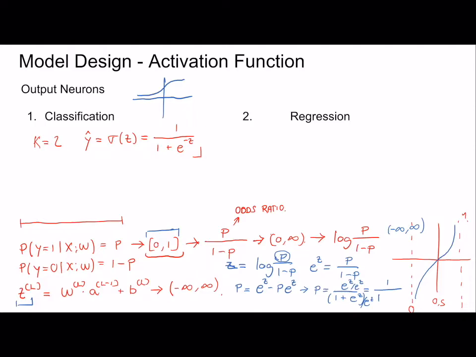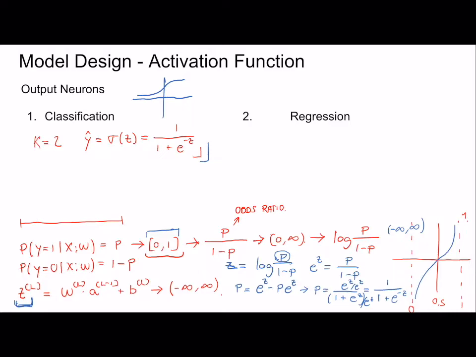So we have 1 plus e to the power of minus c, which is essentially the sigmoid. So what we did is we wanted to have our probabilities in a range from minus infinity to infinity, so that we could model them using c. And then to get back our probabilities, we needed to apply the sigmoid function. So that's the reason why the sigmoid function looks like this.